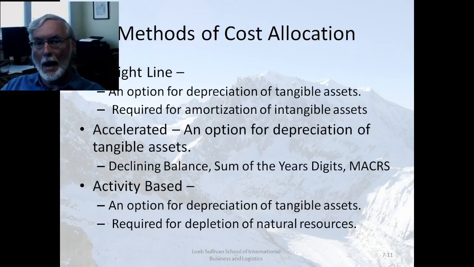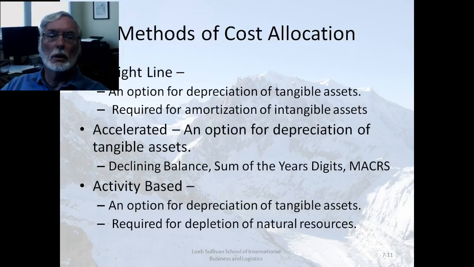That gives me a better match. So accelerated methods are allowable for GAAP because they mimic or come closer to reality in terms of how assets are actually used, or the revenue that they generate.